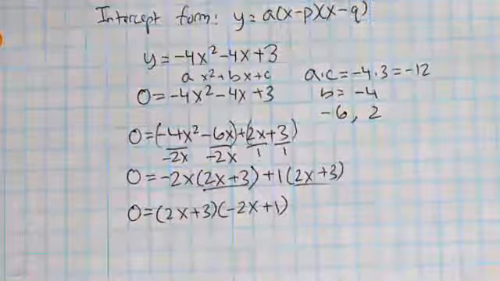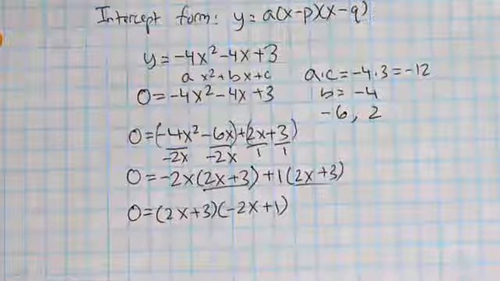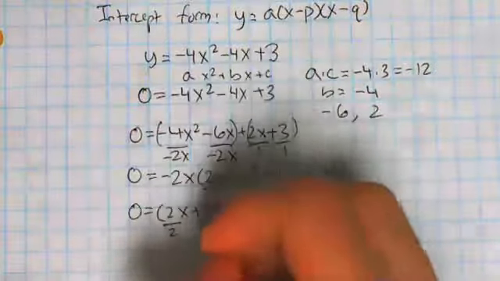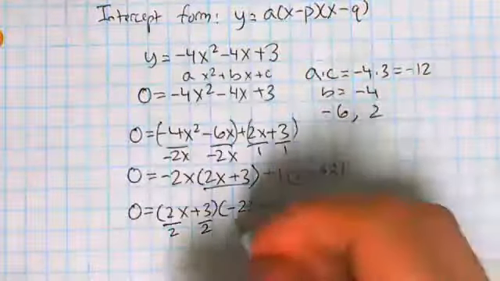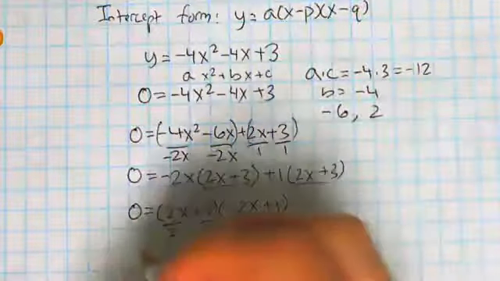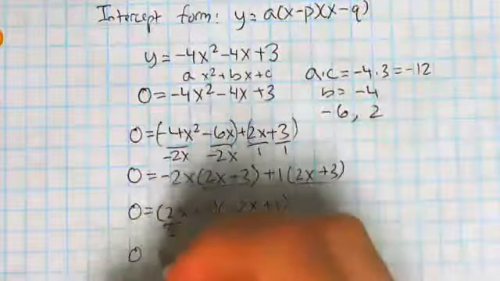So what we need to do is divide each of those coefficients out of our parentheses. I need to divide both of these terms by 2 to pull it out, and I need to divide both of these by negative 2 to pull it out. When we do that, our 0 is still out here.